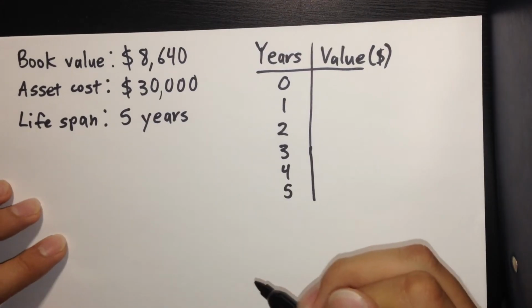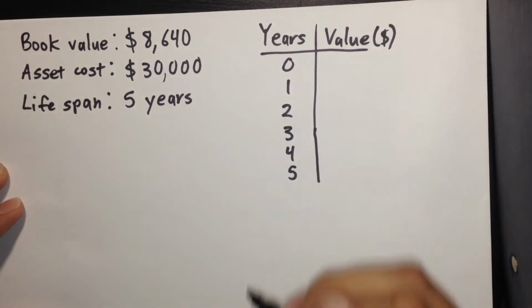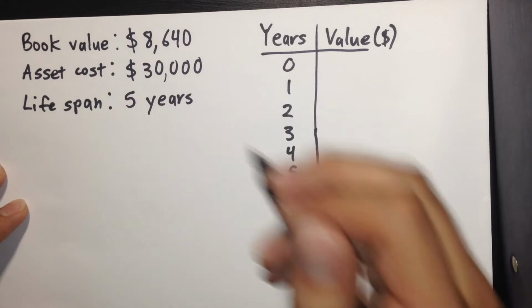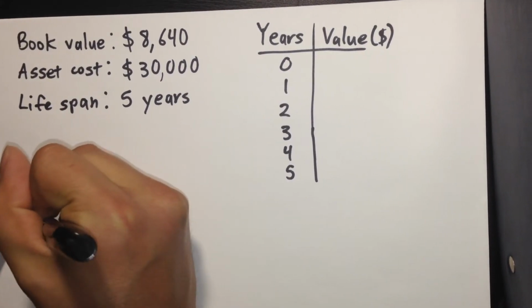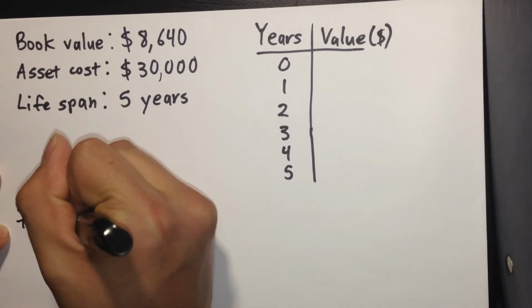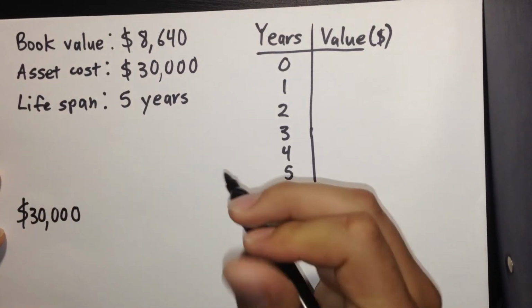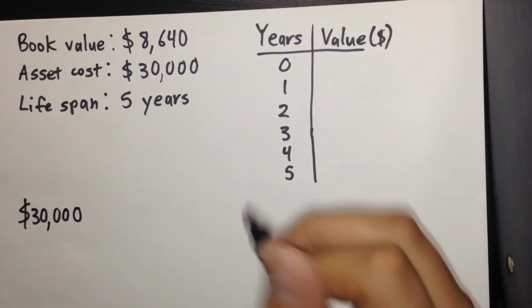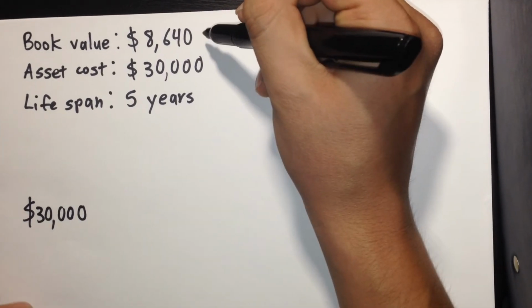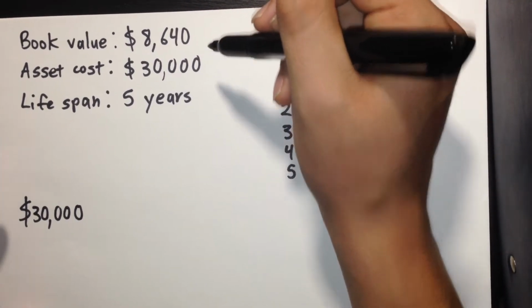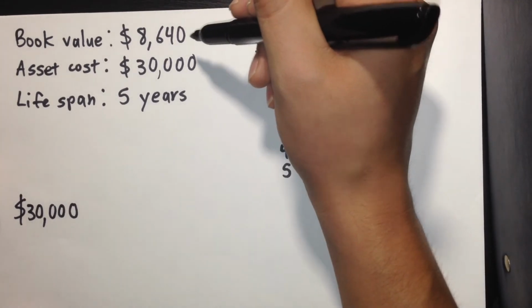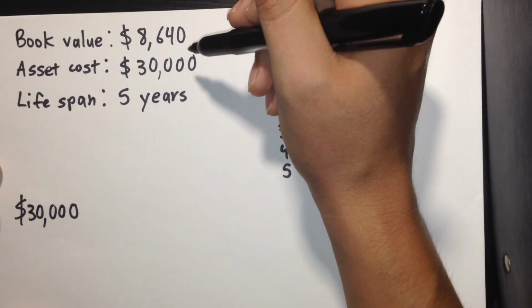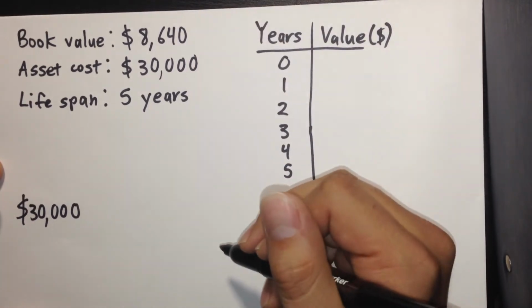So basically we're going to start at our original asset cost, which is $30,000. And since we know the ending value we're looking for, we're basically just looking for the amount of time that has passed to get to this value. So we'll just depreciate it year by year and keep track of those values.